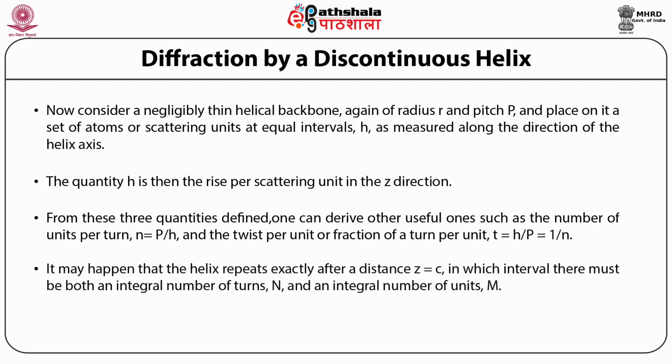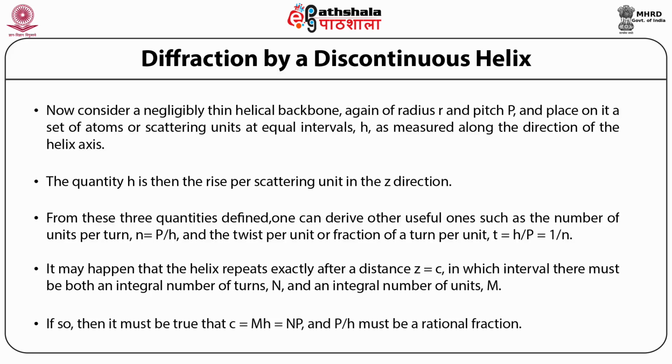It may happen that the helix repeats exactly after distance little z equal to c, in which interval there must be both an integral number of turns capital N and an integral number of units capital M. If so, then little c has to be equal to Mh, which will be equal to NP, and P over h must be a rational fraction.